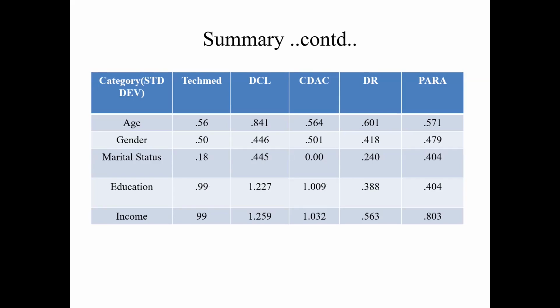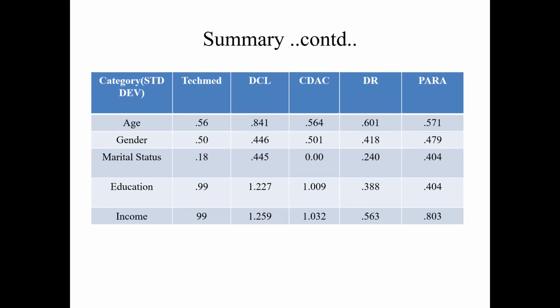The standard deviation for age is 0.56 for TechMed, DCL, CDAC, doctor and paramedical staff: 0.56, 0.841, 0.564, 0.601, 0.571. And for gender, 0.50, 0.446, 0.501, 0.408, 0.418, 0.479.